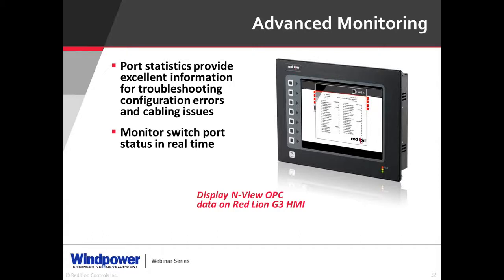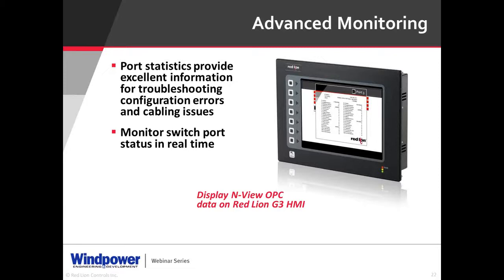Another thing to consider is what kind of advanced monitoring is there? You don't want to have to go on-site with an expensive monitoring tool to detect cabling issues. So one of the things that we do with our products is have something we call InView, which is also available in our browser.